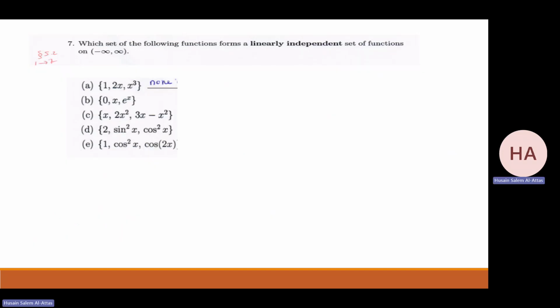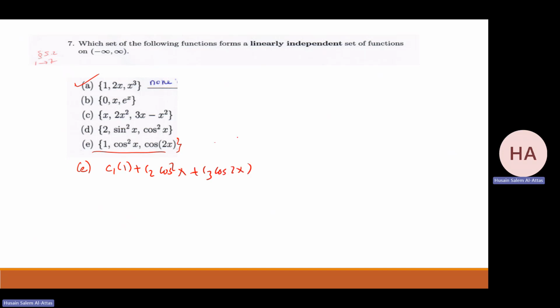Which of the following functions form a linearly independent set? I will do this one. I can do C1 times 1 plus C2 cosine squared x plus C3 cosine 2x.